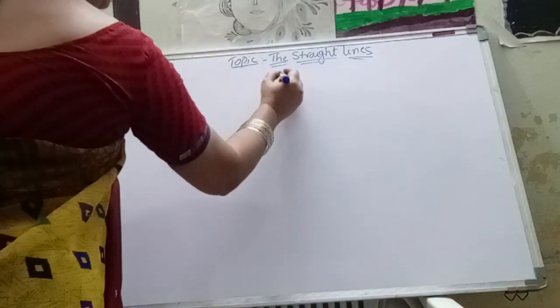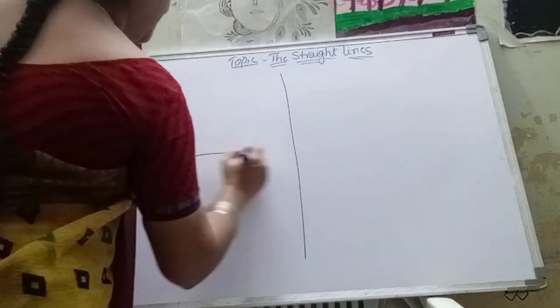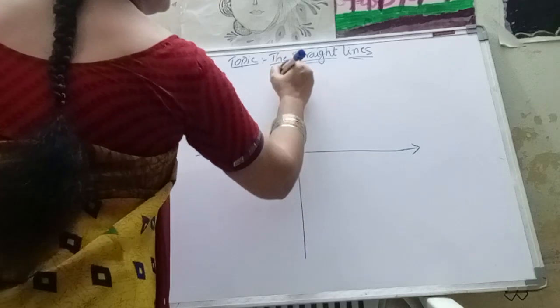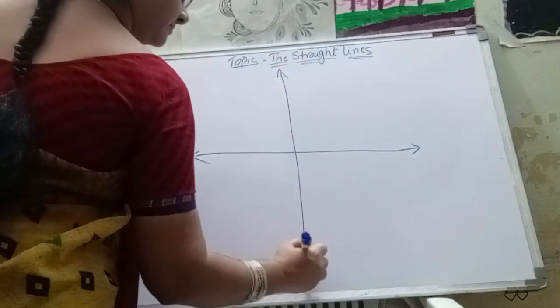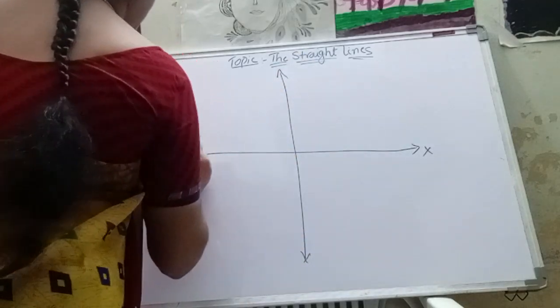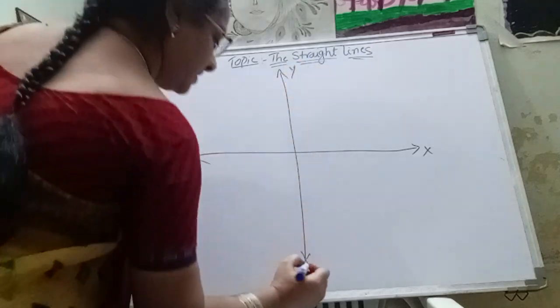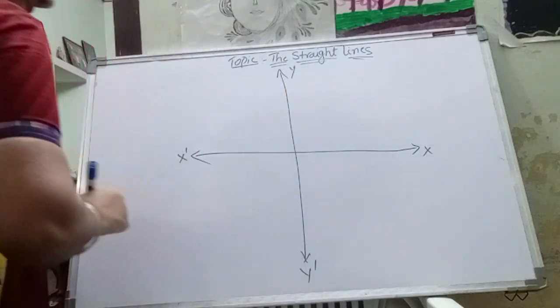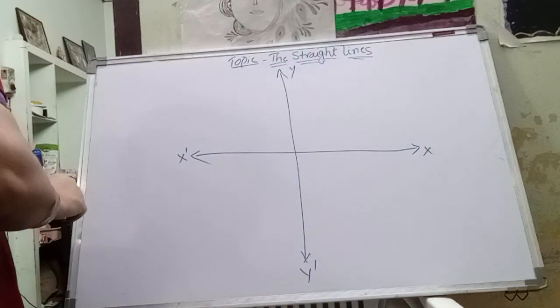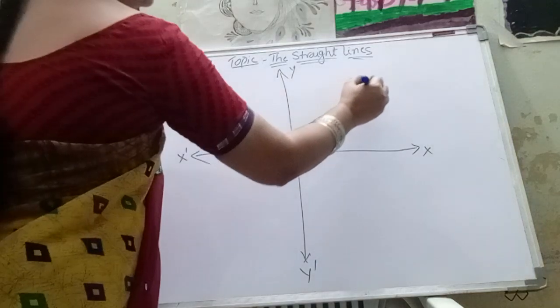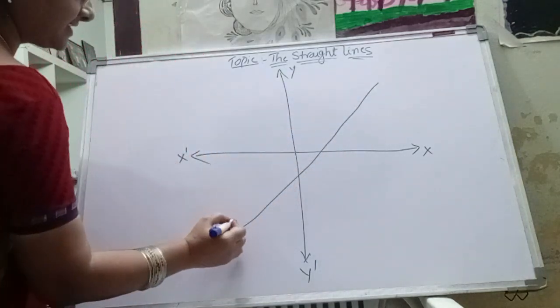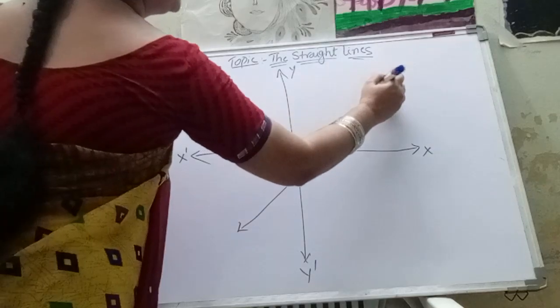Next, before, I have drawn a line on x, x dash, y, y dash. See, I have drawn a line previously like this, right? This is the non-vertical line.